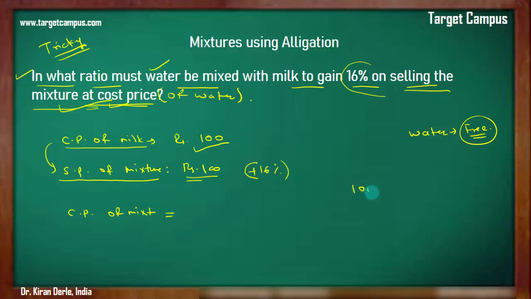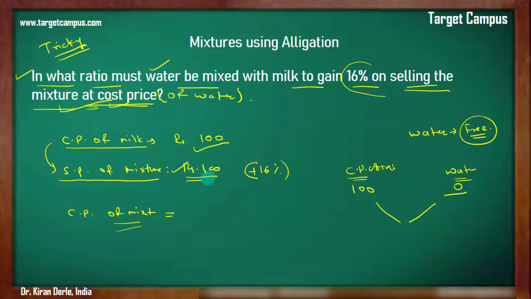We have the cost price of milk, and we know the cost price of water is 0. But we don't know the mixture's cost price. We know the selling price of the mixture is 100, but we cannot take selling price here. So we have to calculate the cost price first.